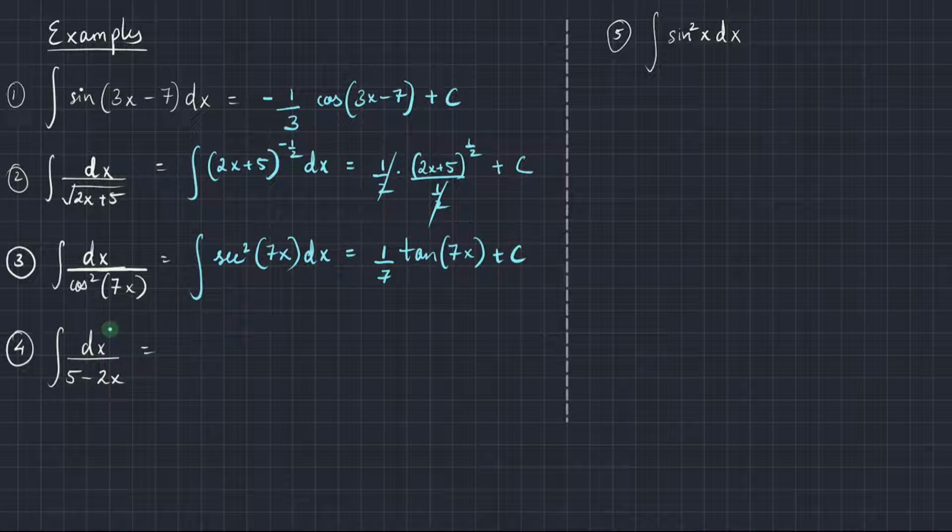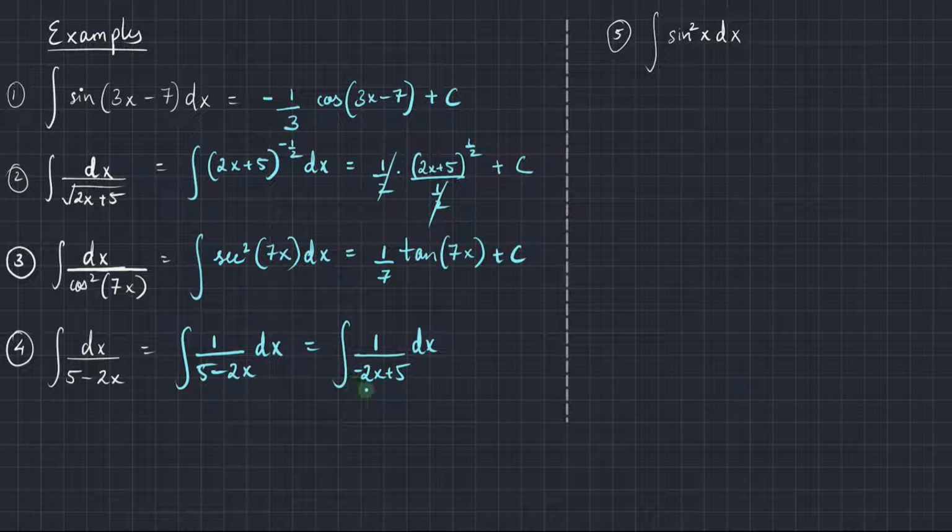Finally, for this one, we have the integral of 1 over 5 minus 2x. As we know, this is the natural log because the integral of 1 over x dx is ln x. This is exactly like any linear function. If I rewrite this as 1 over negative 2x plus 5 dx, here your a value is negative 2 and your b value is 5.